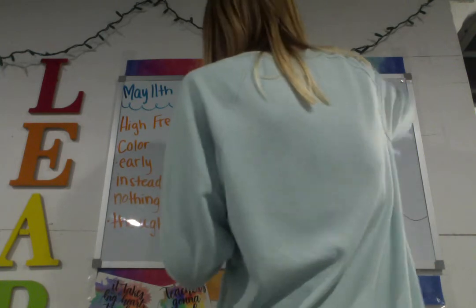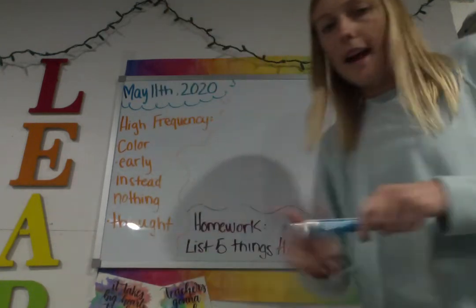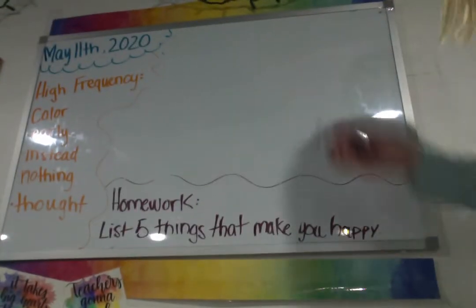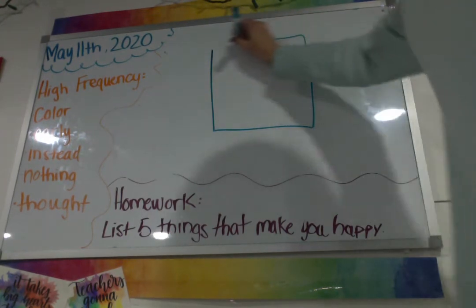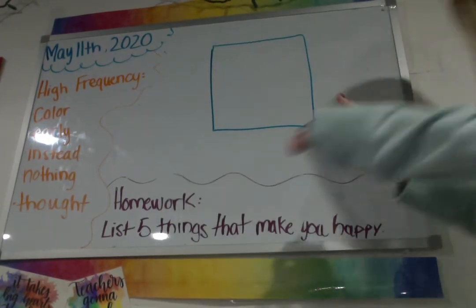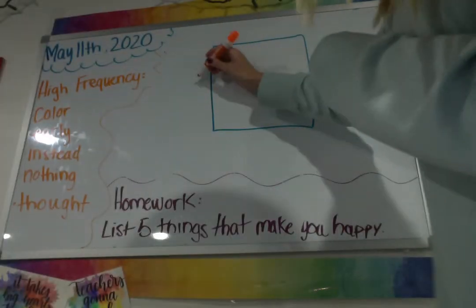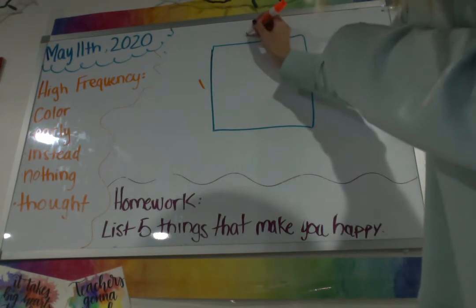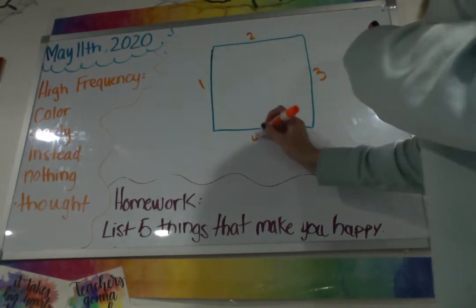So let's draw a picture of a square up here. I'm going to draw a big square. This is a square. You can see the square has 1, 2, 3, 4 sides.